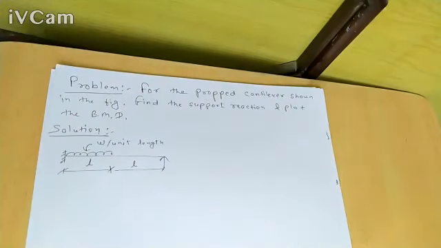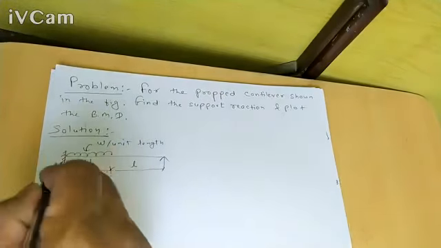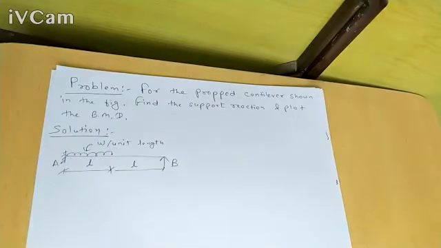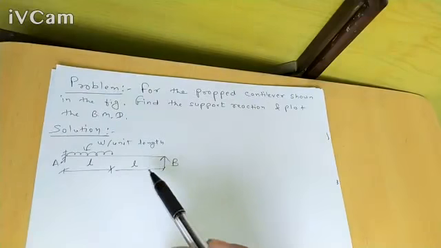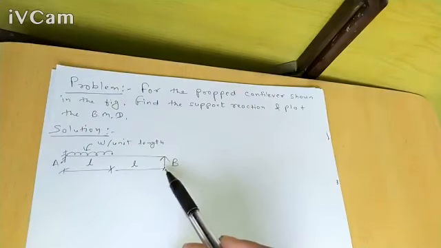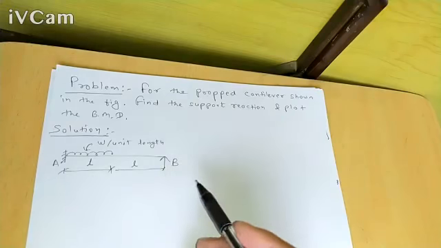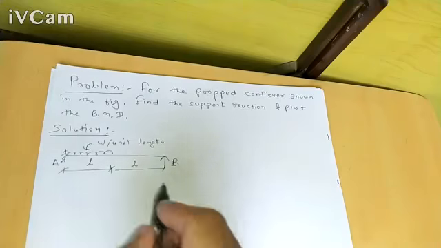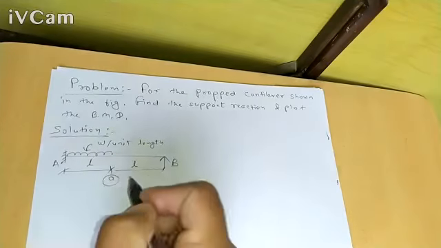This is point A and this is point B. So this is the propped cantilever. Why do we call it a propped cantilever? Because there is a support at point B, and that's the reason it is called a propped cantilever. Let us consider this as figure A.